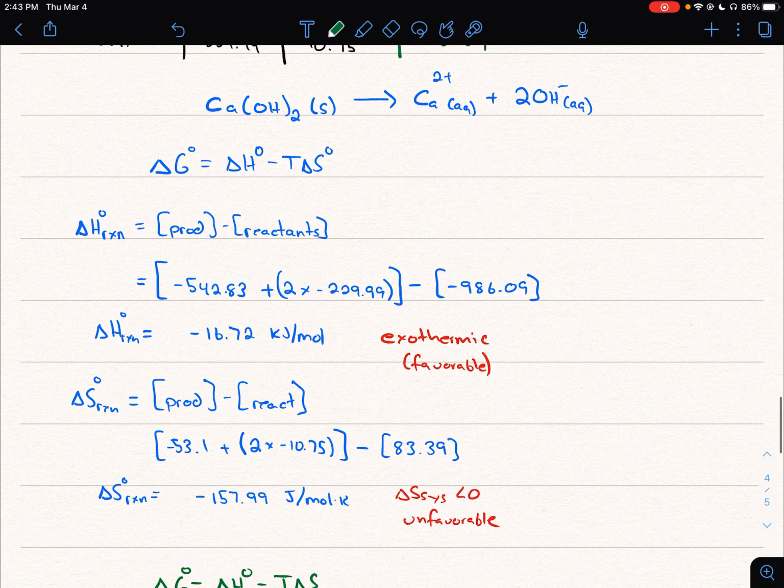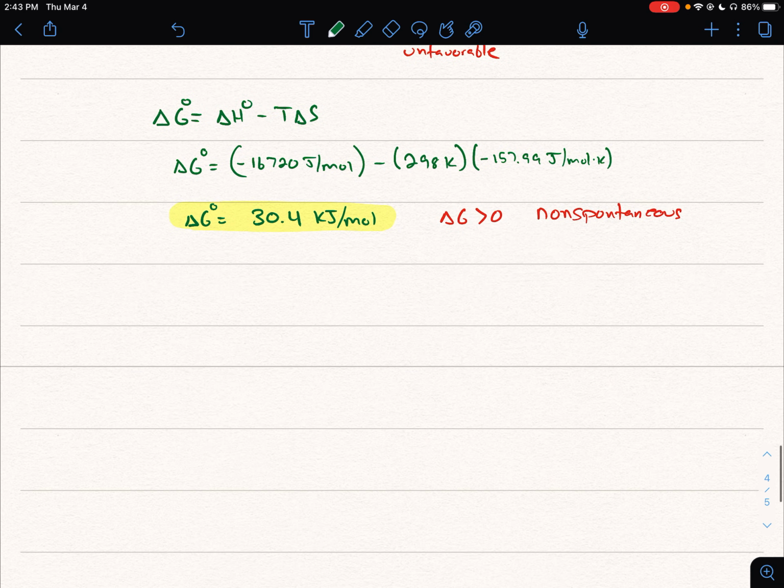With these values in hand, we can actually do a second type of calculation to get to the same answer. So instead of using our delta G equation here, we can actually do our delta G products minus reactants, just like we did before, and go straight to our final answer.